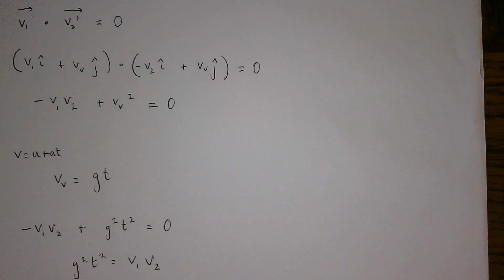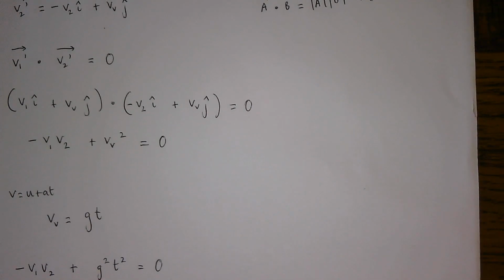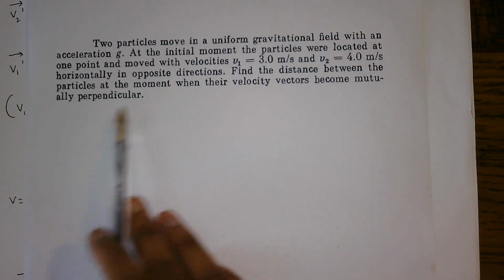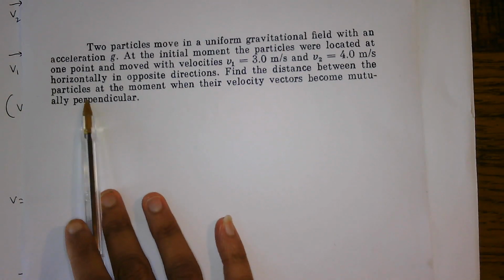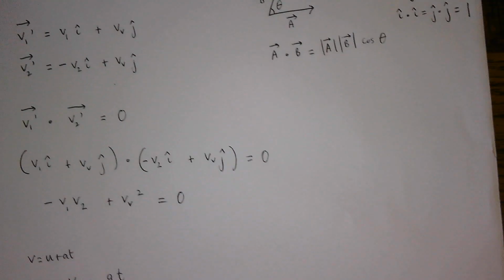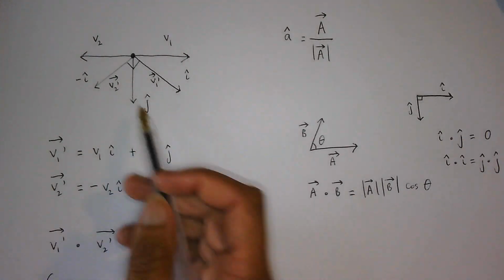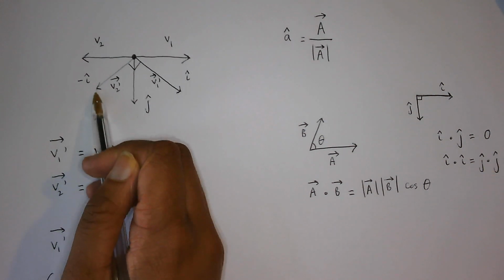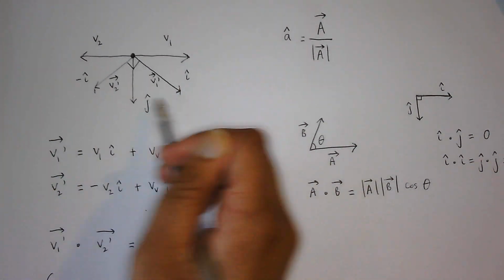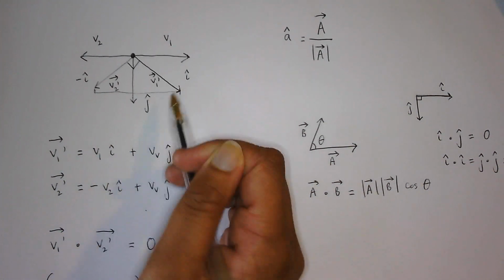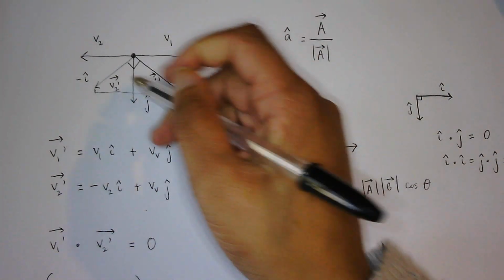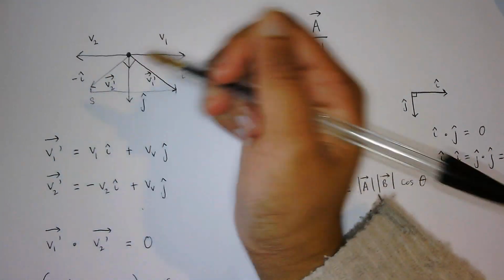So the question was asking us to calculate the distance between the particles. If we go back to our diagram, we can see that the distance between the particles is between here and here. We'll call that distance s.